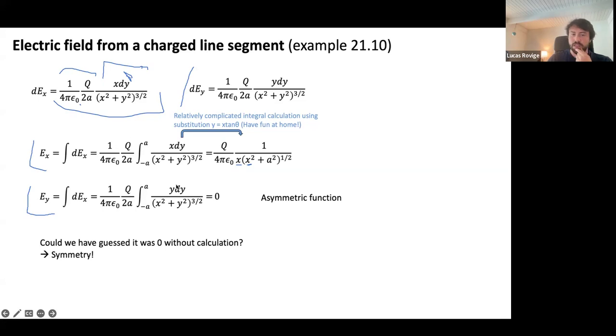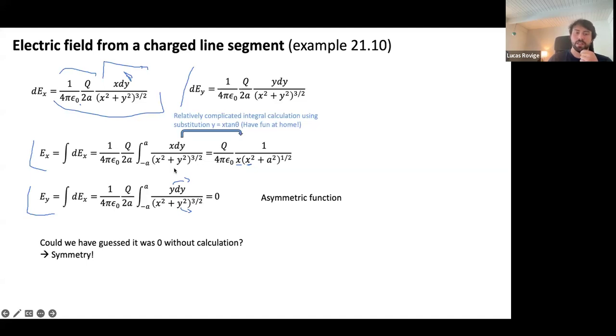And if we do that, we notice that we have an asymmetric function. So here we have y squared, so this is symmetric, but here we have y, and y is by nature an asymmetric function.